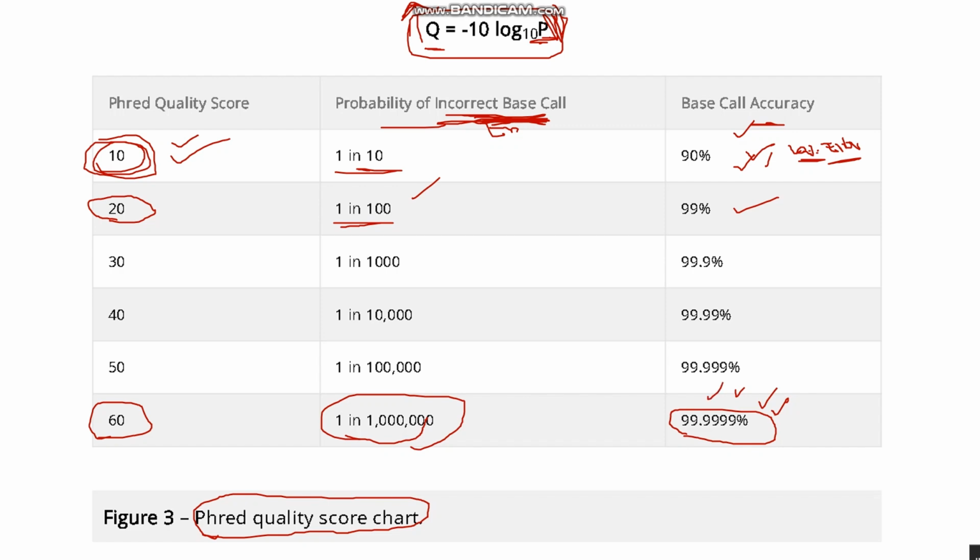So the Phred score must be high. By this, the probability of incorrect base call is very low, and the accuracy of the NGS or the sequence is very high.